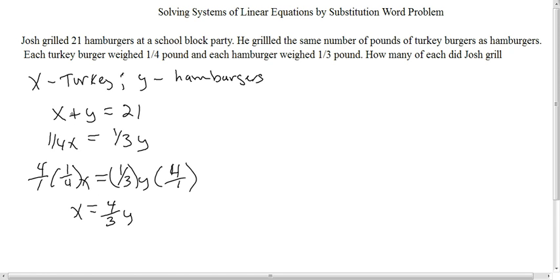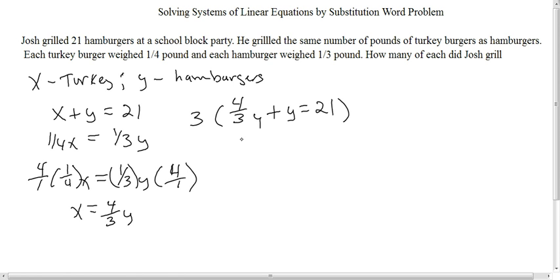Now that's a pretty good set, because all we have to do, since we solved for X, is plug X back into our original equation. So 4/3 Y plus Y is equal to 21. Now we clear this fraction again by multiplying everything by 3.